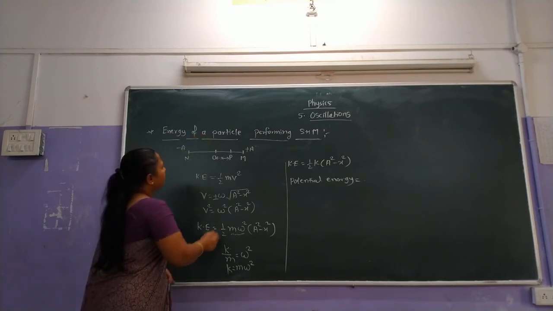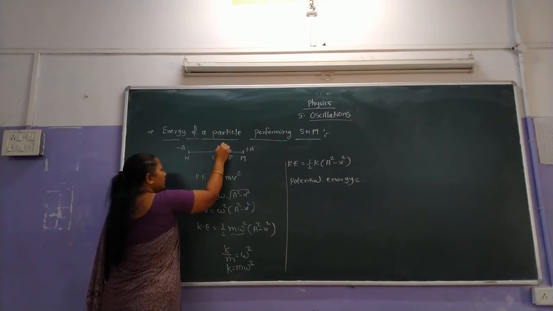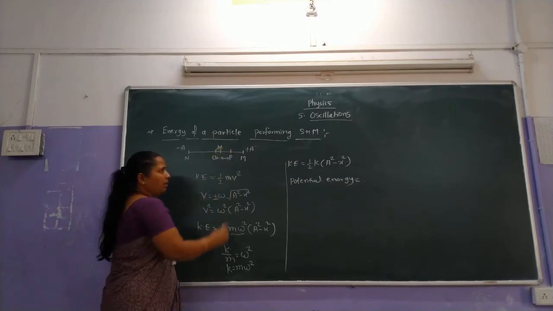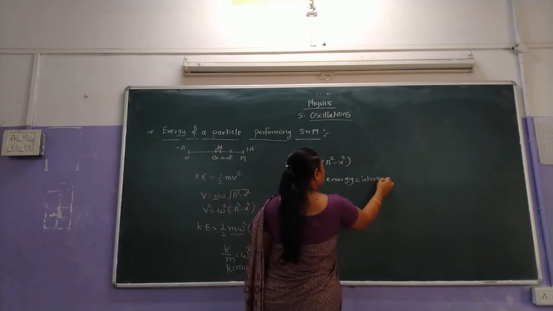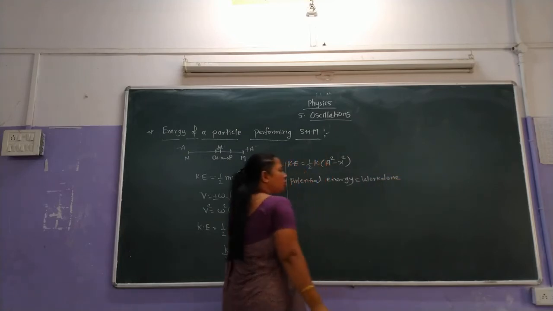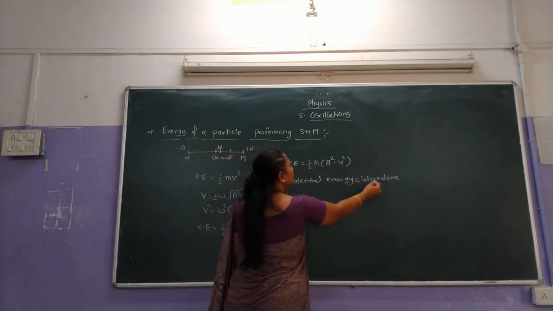For a small displacement dx, potential energy is equal to work done.